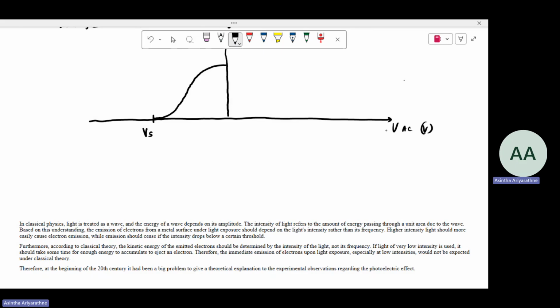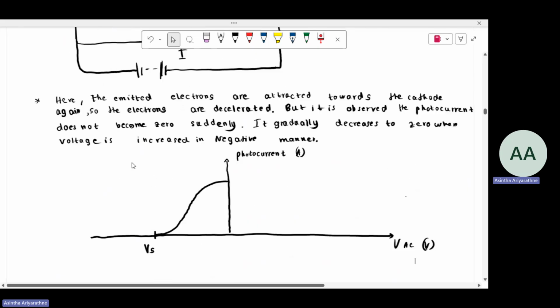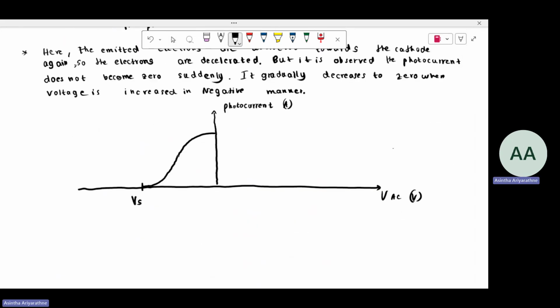Now the cathode has a higher voltage than the anode, because the positive terminal is connected to the cathode. V_AC is negative and is increased in the negative manner.